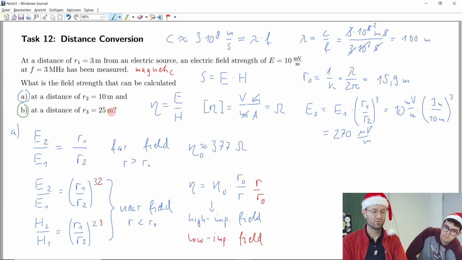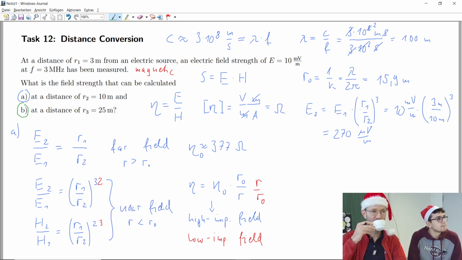But how do we now convert into far field? The other 2 points that we have, 3 meter and 10 meter, are in the near field. So what intermediate step do we need to do? Because this conversion rule only applies for the far field, and this conversion rule only applies for the near field.